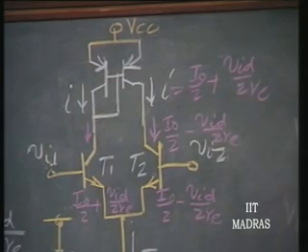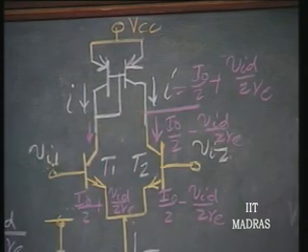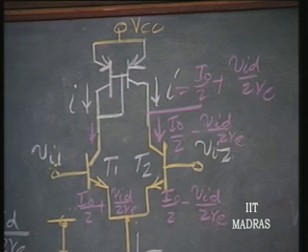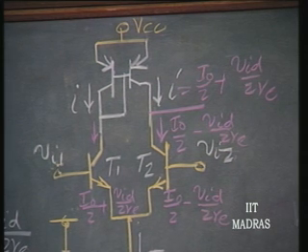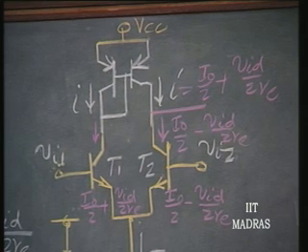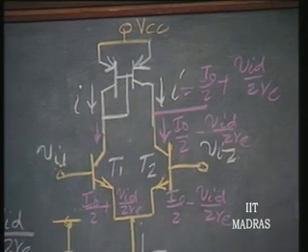So, what happens now? Current has to come out of the output terminal into the next stage. That is what you want. Why did you use a current source as the load? Because you want the entire output signal current to go into the next stage. So, it is serving that purpose, and what is that current that is being injected out?